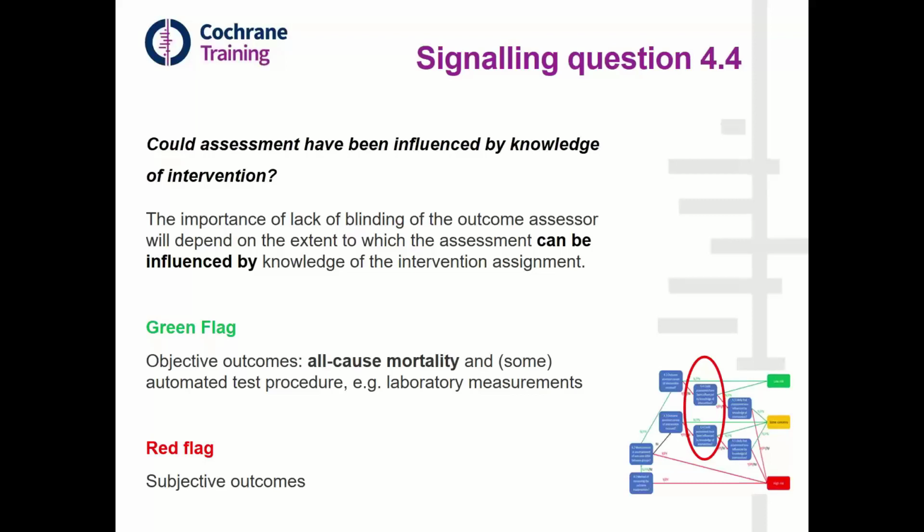that objective outcomes are robust to lack of blinding, especially all-case mortality, and also some automated test procedures, laboratory measurements, preferably laboratory measurements that are non-repeatable, would be regarded as objective outcomes, and even in trials that are not blinded, those would be okay.